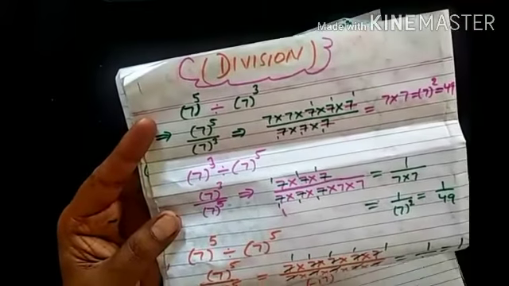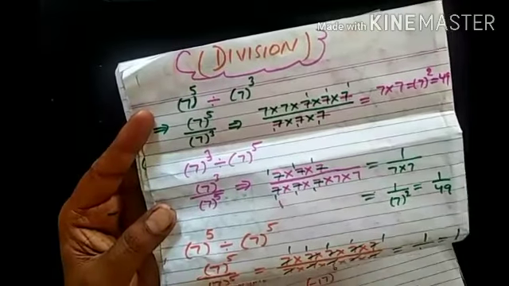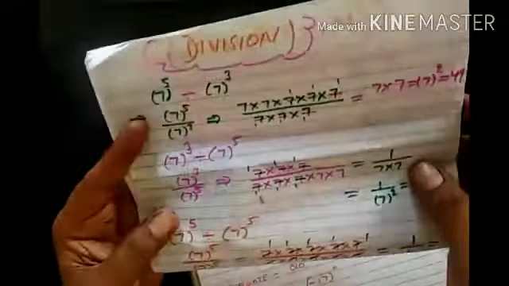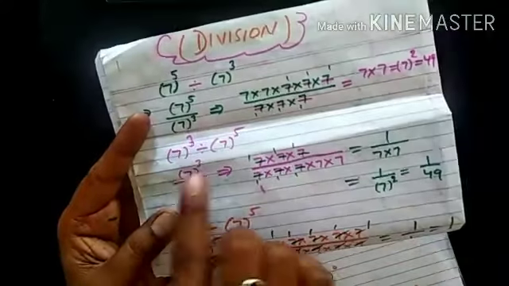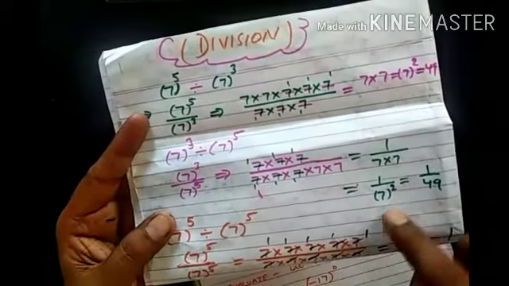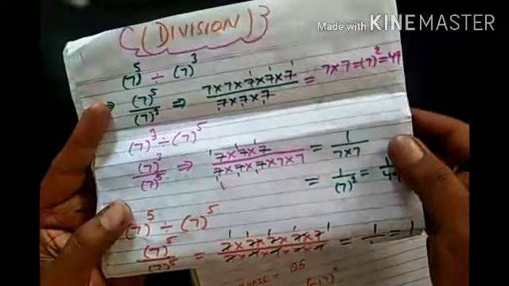Here the answer is the reciprocal of the earlier method, the previous 3 questions. So I will write this. Firstly I subtract 5 minus 3, that is 2, and I will write the reciprocal, that is 1 by 7 square. Clear?